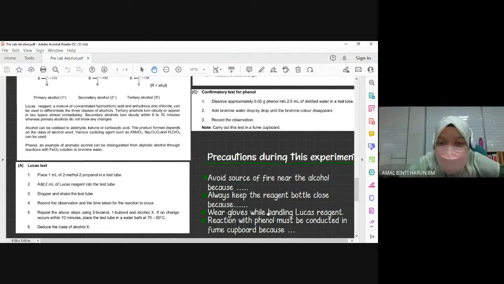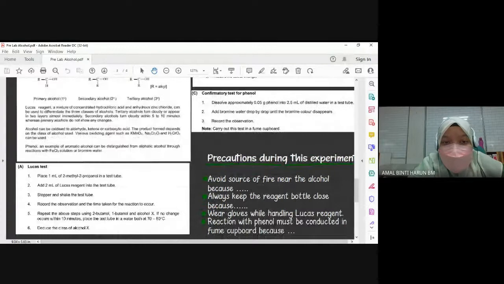Okay, kenapa dia kata kat sini carry out this test in fume cupboard? Sebab phenol ni, nampak ni phenol, ingat forever jangan main-main masuk makmal. Okay, phenol is very highly toxic. So avoid contact, and then it is easily evaporate. So kita buat dalam fume cupboard supaya kita tidak terhidu gas itu. Okay, dah settle lah.